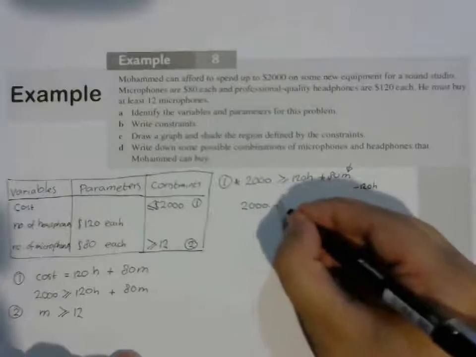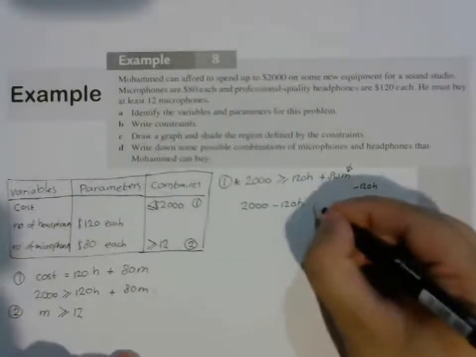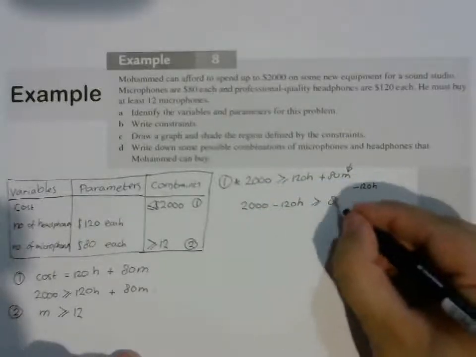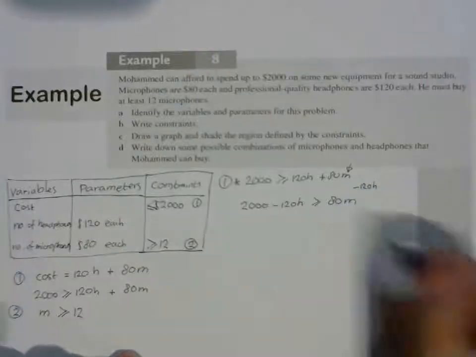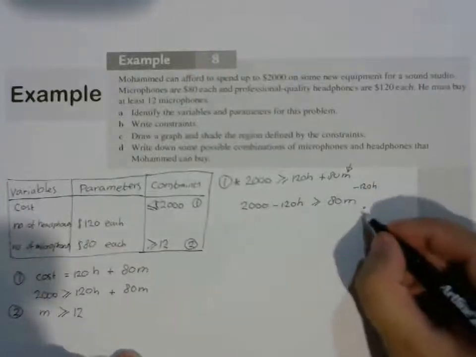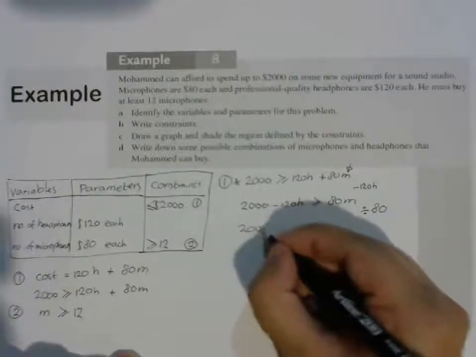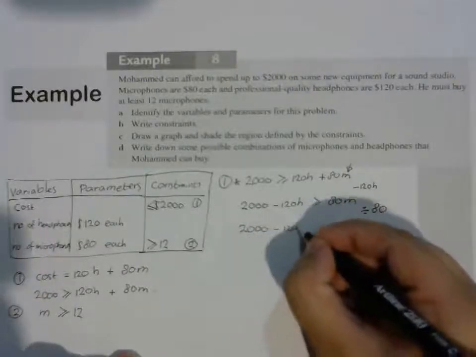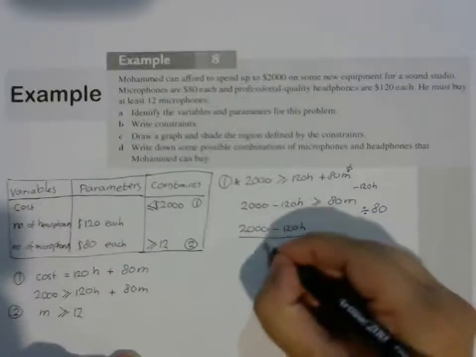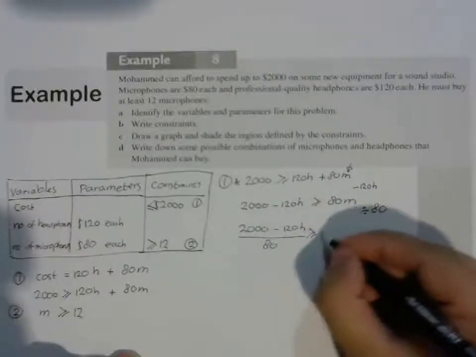So 2000 take 120h is greater than or equal to 80m. Now to get rid of the 80, I'm going to divide by 80 on both sides. So 2000 minus 120h divided by 80 is greater than or equal to m.